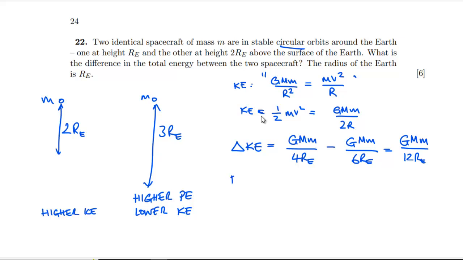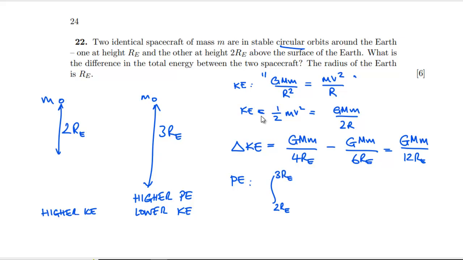Now we need to do the potential energy. You can do this in a number of ways. You can just know the potential energy formula, but what we're really doing is integrating from 2RE to 3RE.